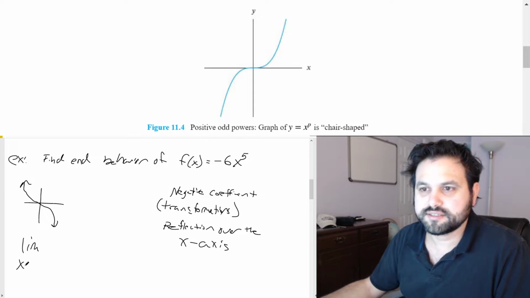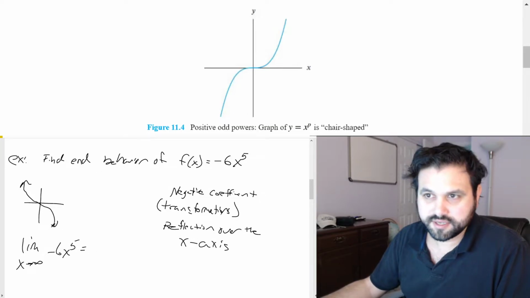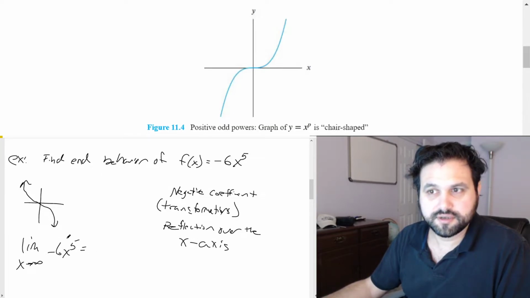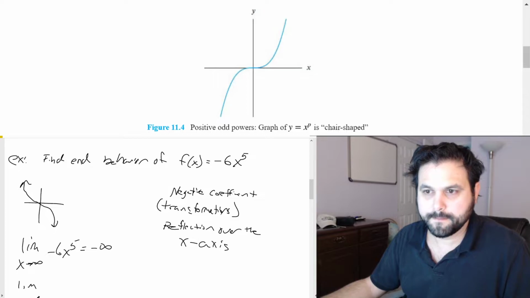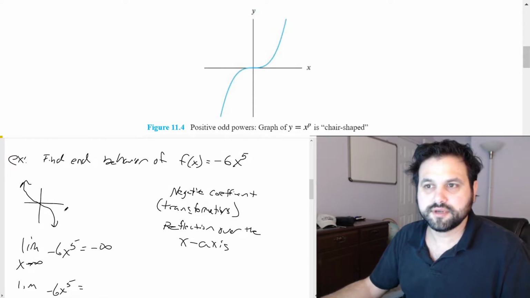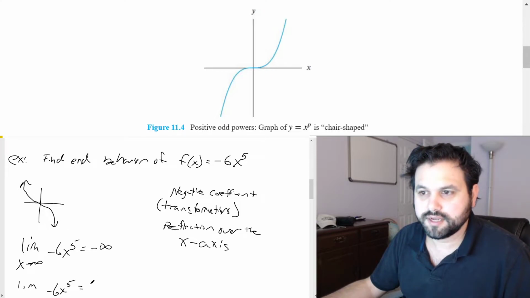Right? And so now I can just graphically identify the limits, the end behavior. The limit as x approaches infinity of negative 6x to the 5 equals, as I go to the right, what happens to the function? It's going down to negative infinity. And the limit as x approaches negative infinity of negative 6x to the 5 is equal to, as I go to the left on this function, this goes up to positive infinity.